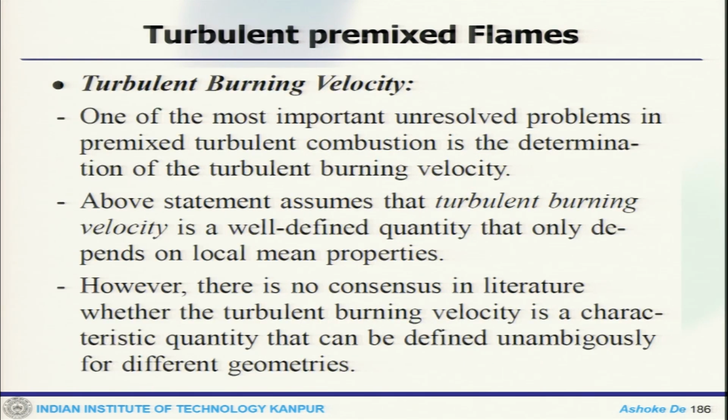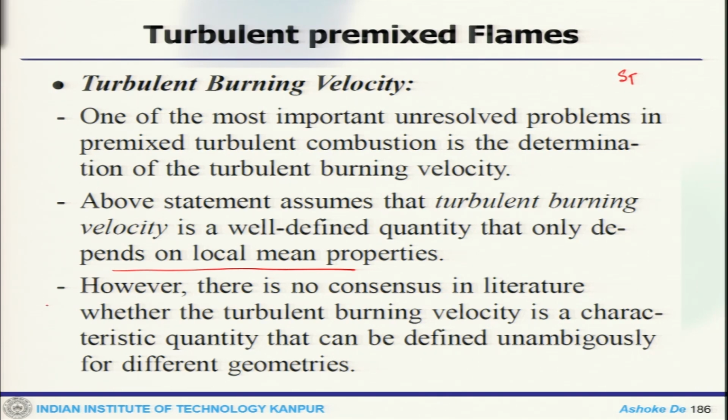Now, when there is a premixed flame front, instead of the laminar burning velocity, you get a turbulent burning velocity. This depends on the local mean properties, which is one of the important things, but there is no consensus in the literature on whether the burning velocity is a characteristic quantity that can be defined unambiguously for different geometries.